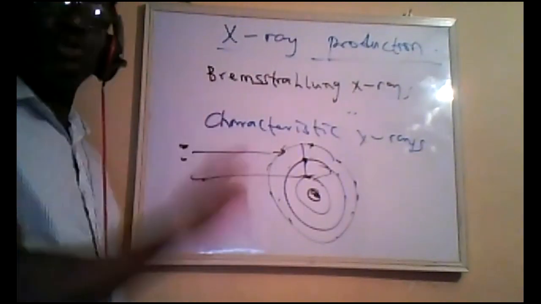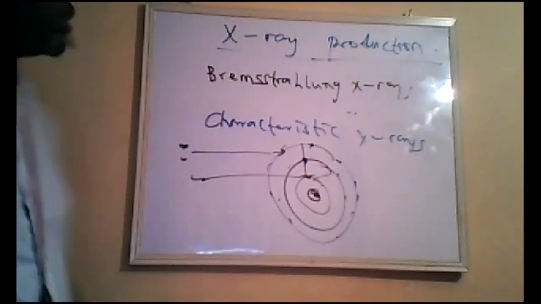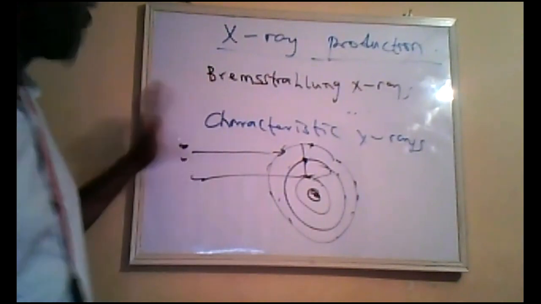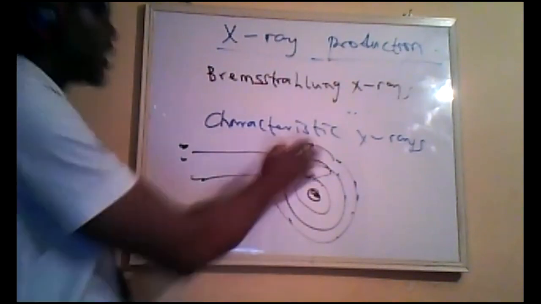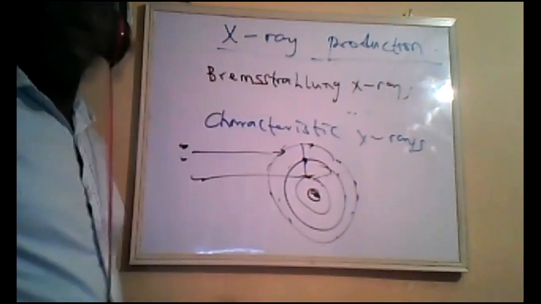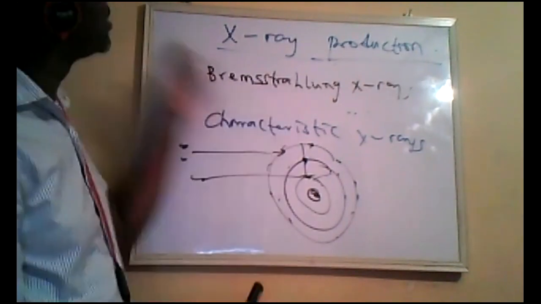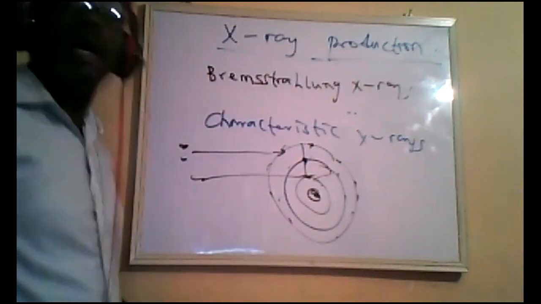As it becomes hot, electrons will be emitted through a process called thermionic emission. Electrons will be emitted, and as they are emitted, they will flow towards the anode. After this, we're going to look at that process. We're just using this to explain the different types of X-ray that we get from our X-ray machine.